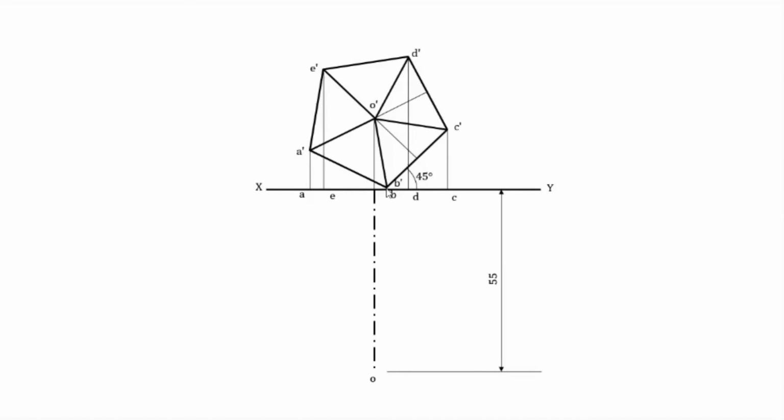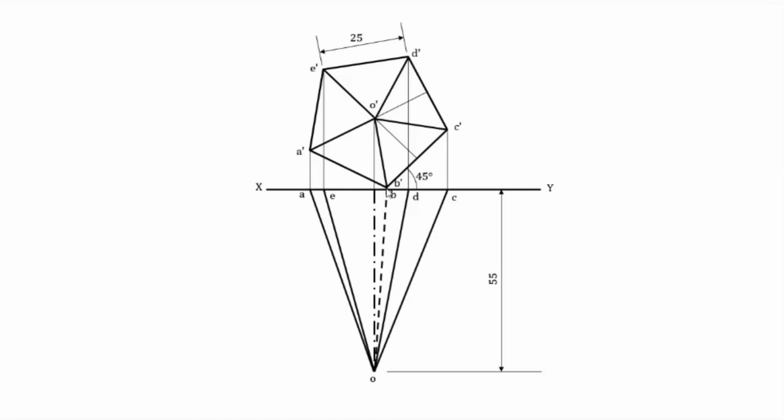In this case, B and B dash will be the same point. Now join all the points A, B, C, D and E with O. In this case, BO will be a dotted line. And then finally mark all the dimensions. Okay, that's it. Please complete the drawing.